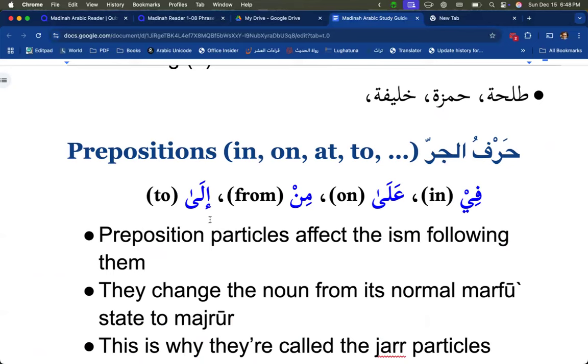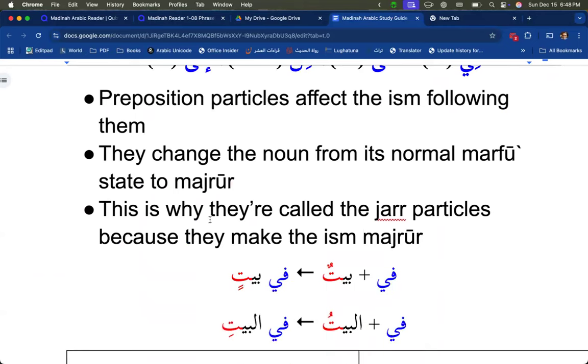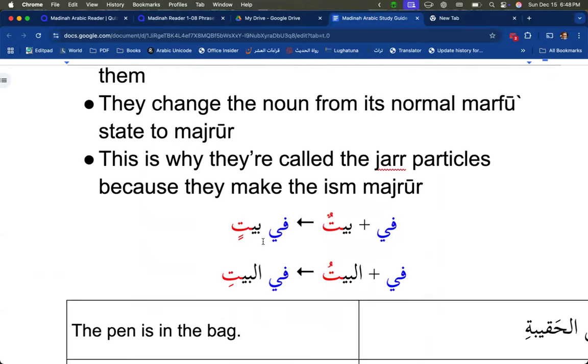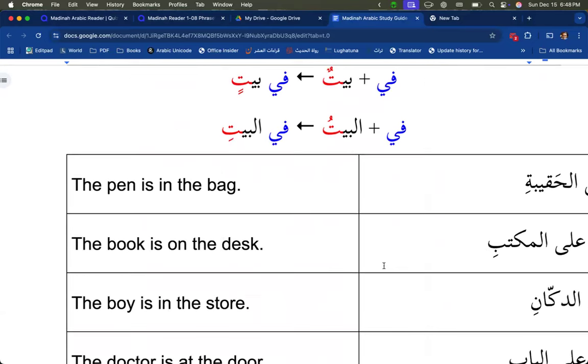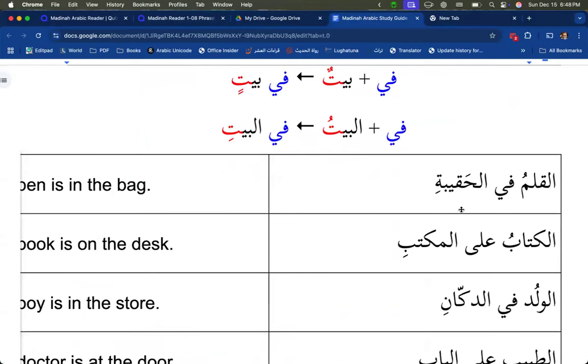Then we learned about prepositions: fi, ala, min, ila. They make the ism that follows them become majroor, or another kind of sentence follows them. Fi baytun becomes fi baytin; fil baytu becomes fil bayti. So, al-qalamu fil haqibati, the pen is in the bag.